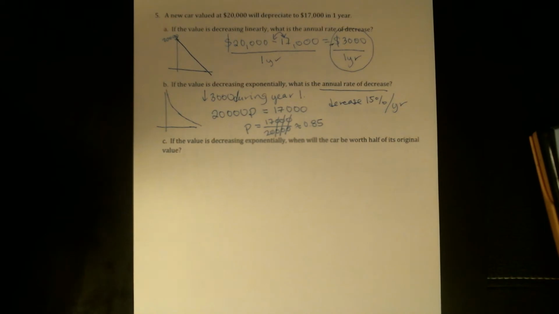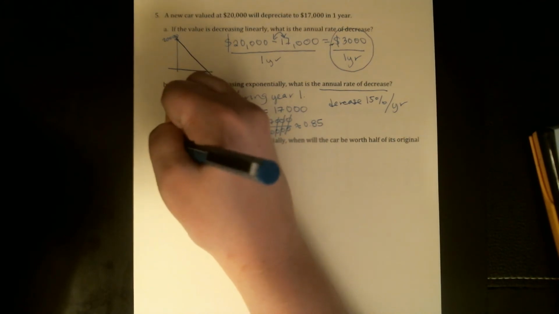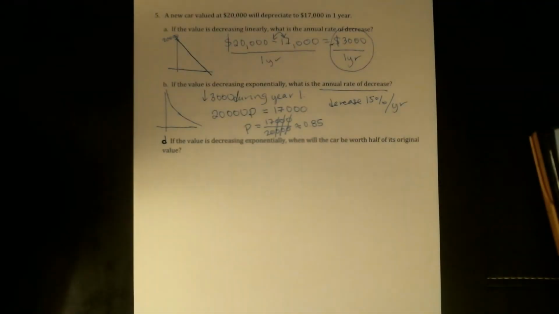All right, and then actually I'm going to sneak in an extra question here. Let's go a little bit out of order. I don't think I've done one yet where I ask you to plug in. So I've done a lot of work on setting up the equations and spotting how fast things are increasing or decreasing. But in your homework, you'll see that you have questions about once you've got the equation, use it to make a prediction or something like that.